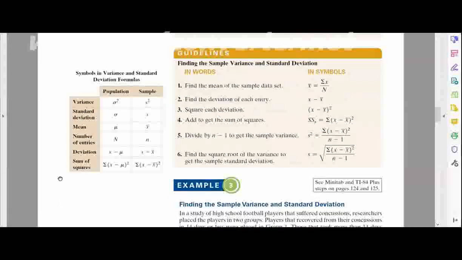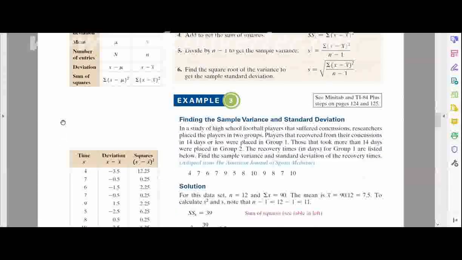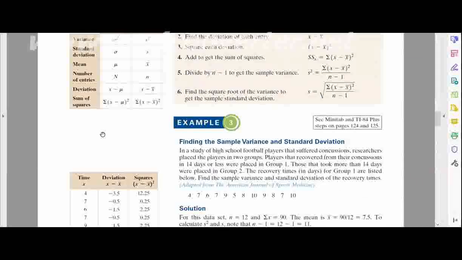Let's go over another example. We're finding the sample standard deviation and variance. So the operation is the same. All the steps are the same.